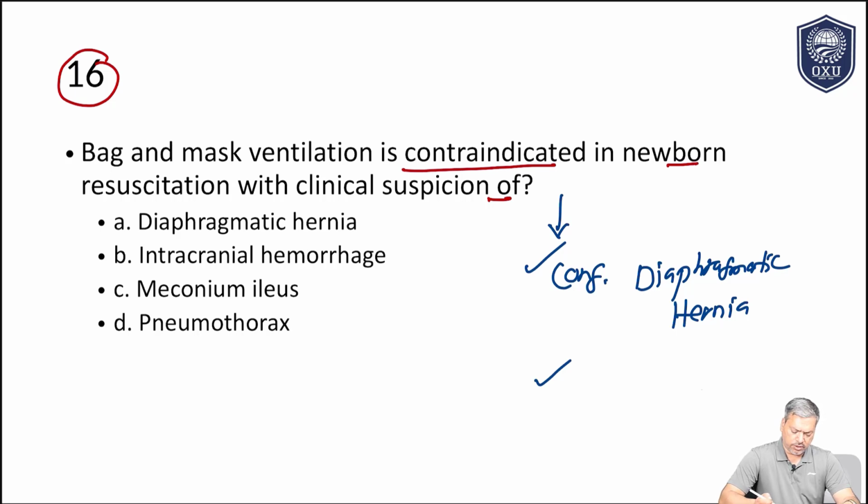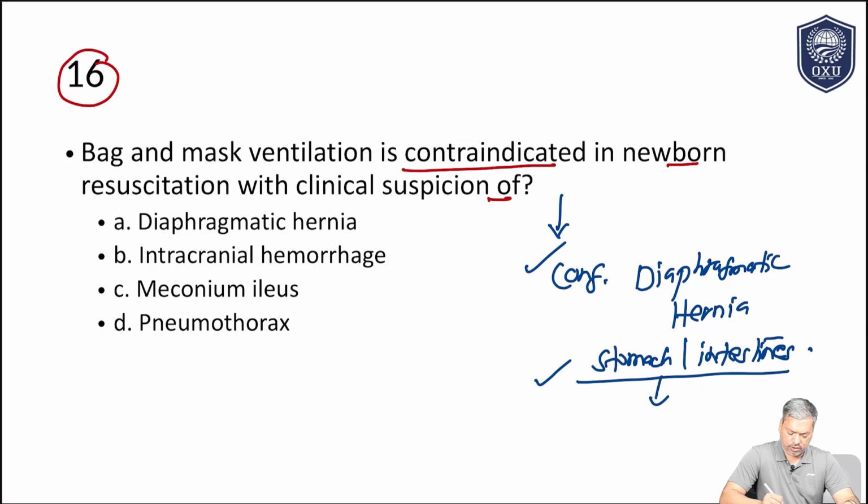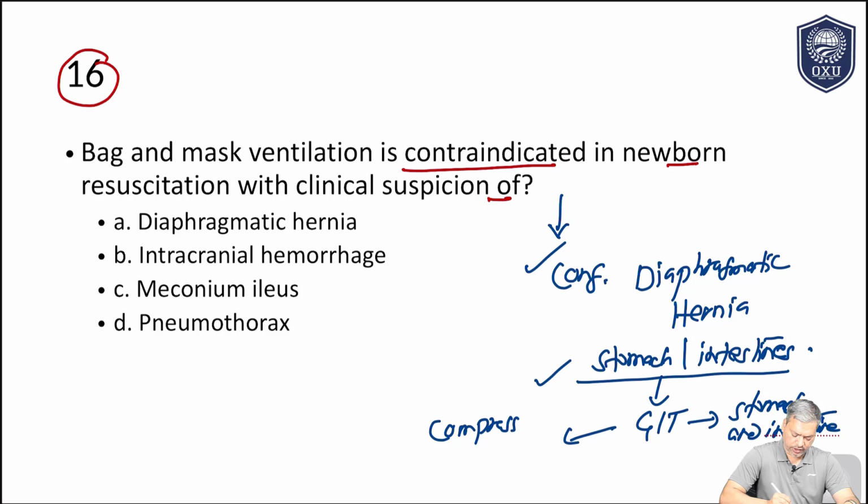Now diaphragmatic hernia means the stomach and the intestine are present in the thoracic cavity. When we do bag and mask ventilation, a lot of the air will go to the GI tract, into the stomach and intestine, and this will inflate the stomach, which will compress the lungs.